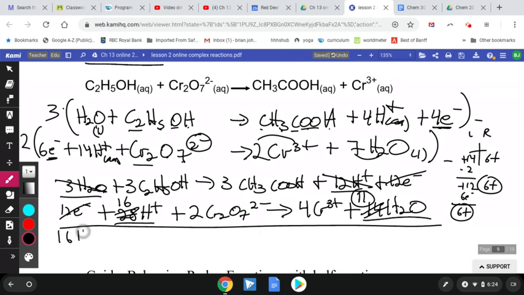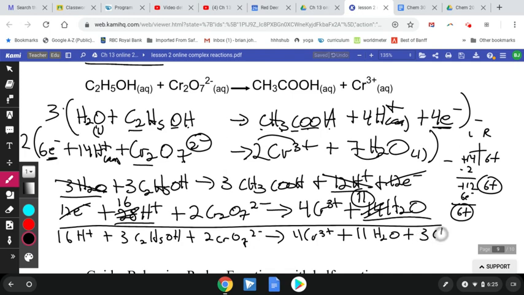So 16 H+, 3 C2H5OH, 2 dichromates, 4 Cr3+, 11 waters, and 3 CH3COOH. Now I can go back and put my states in to clean it up.